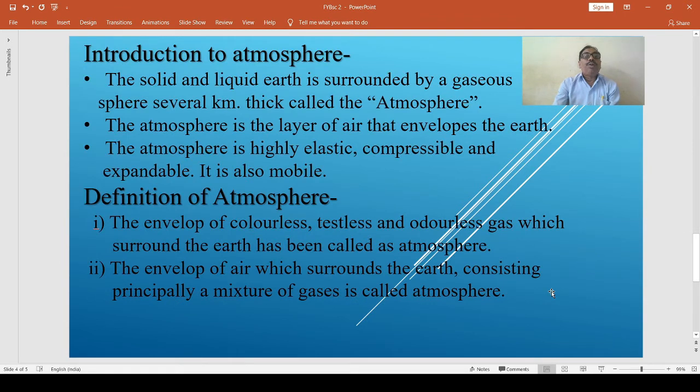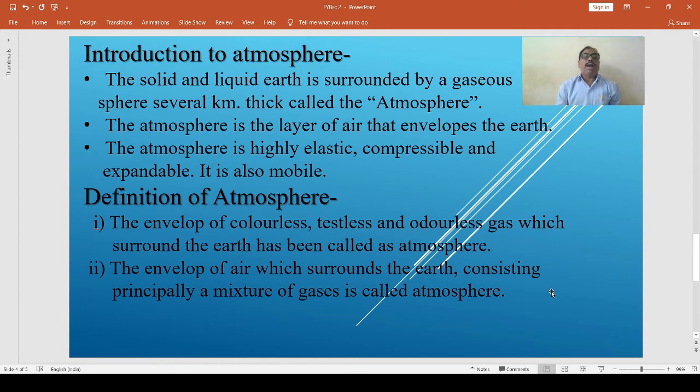Now we have to discuss the first unit of this paper, that is Introduction to Atmosphere. In the study of Introduction to Atmosphere, it is important to know what the atmosphere is on an introductory basis.